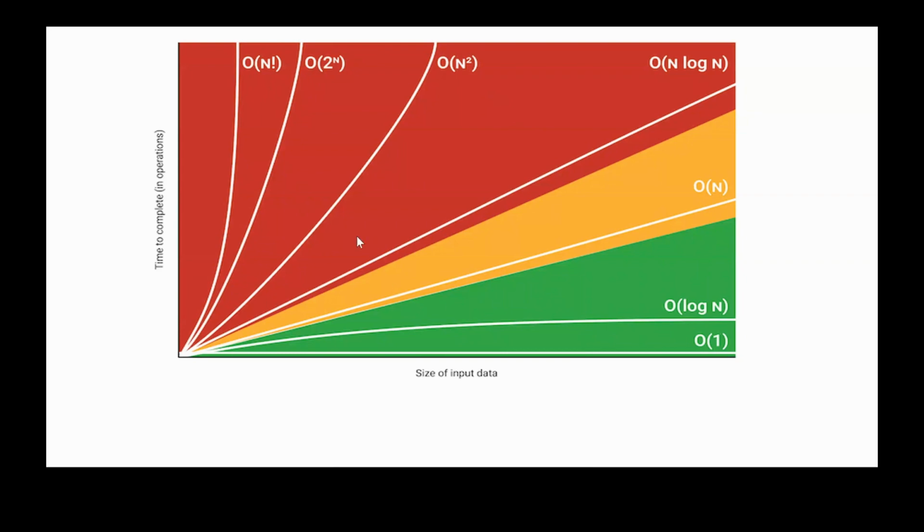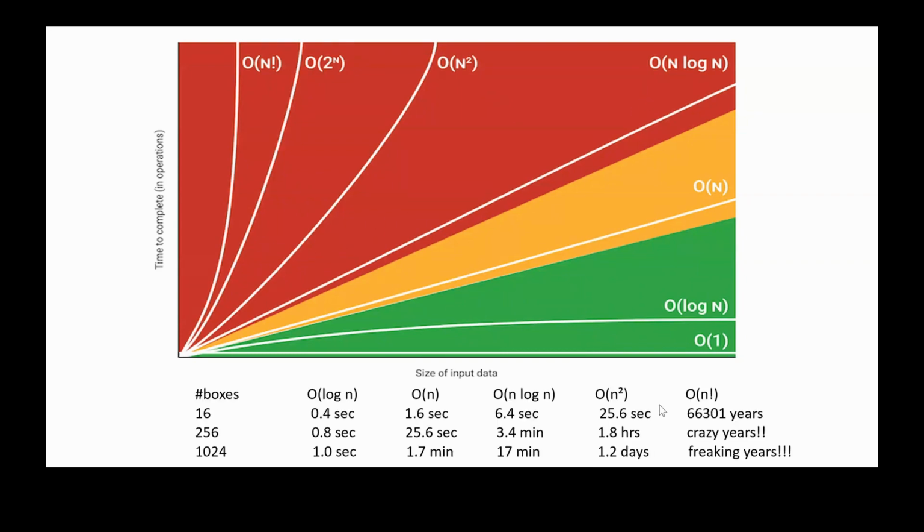You can see a graph of them, and let's compare them in boxes. For example, if we have to draw 16 boxes with O(log n), for example, binary search, it would take 0.4 seconds to draw 16 boxes.